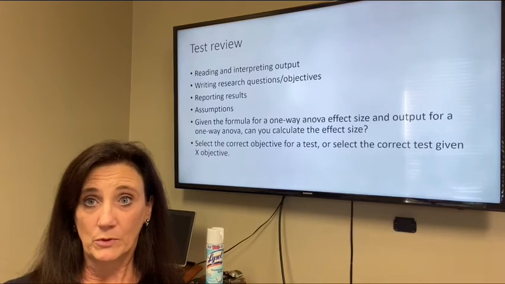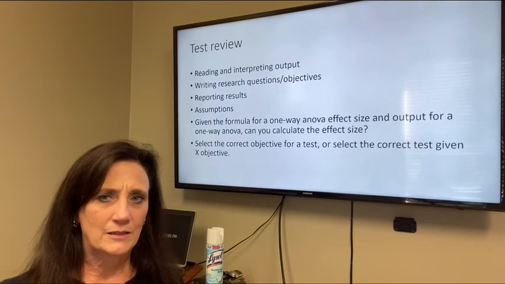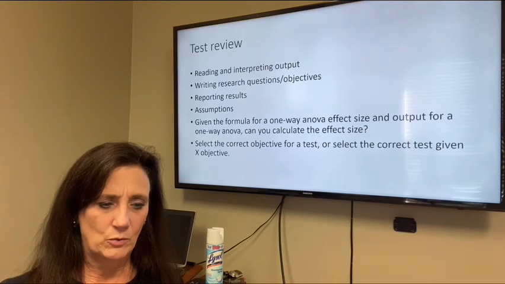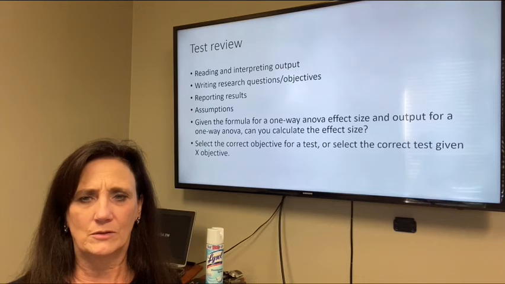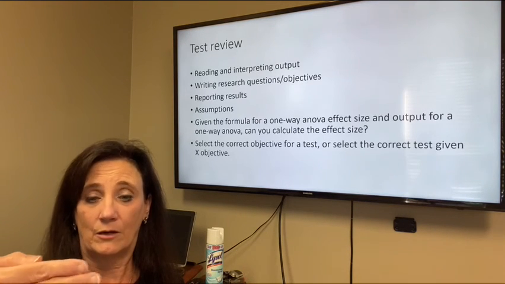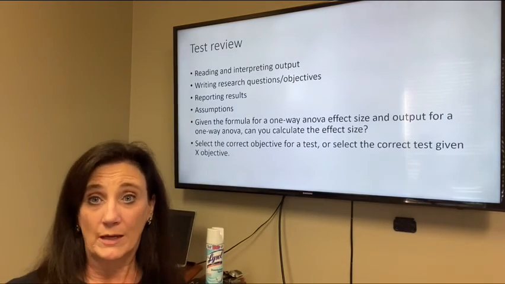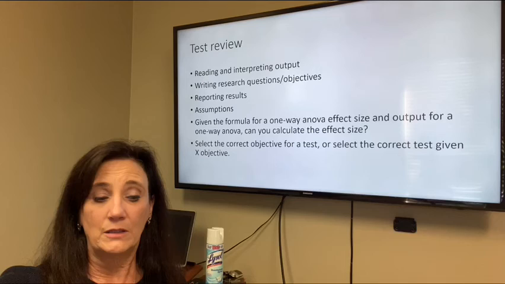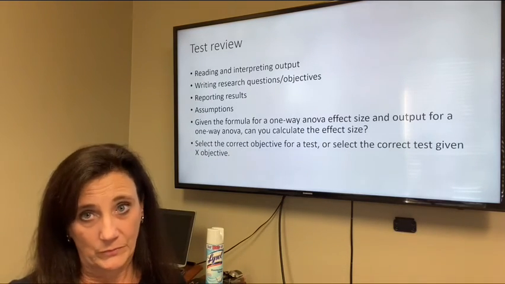Can you remember what the assumptions are? And I say it like that because I tend to ask more knowledge-based questions about assumptions. I'm not going to ask you to test any assumptions on the test. I'm just going to ask you, are these the assumptions for a one-way ANOVA? Or I may ask you, out of this list of assumptions, which one is incorrect for a one-way ANOVA?